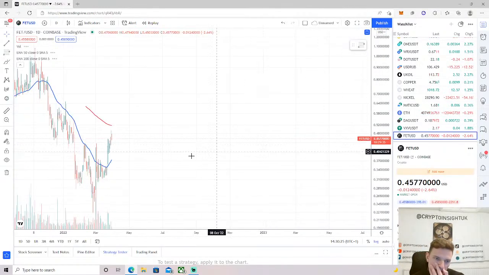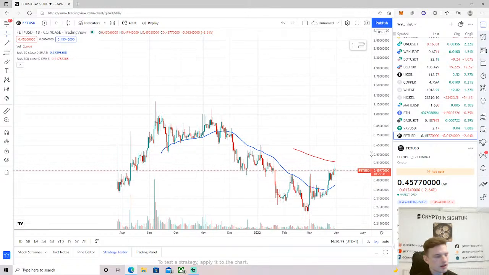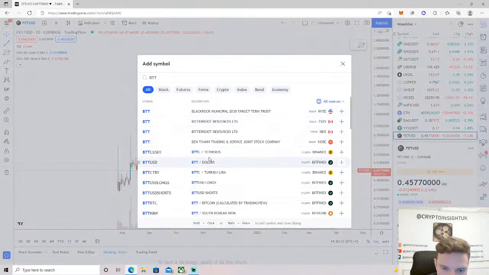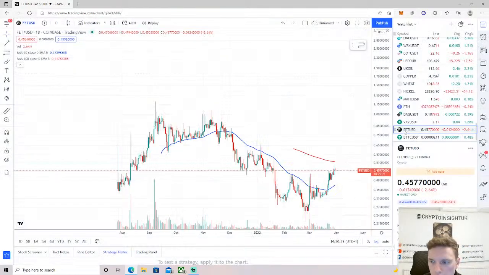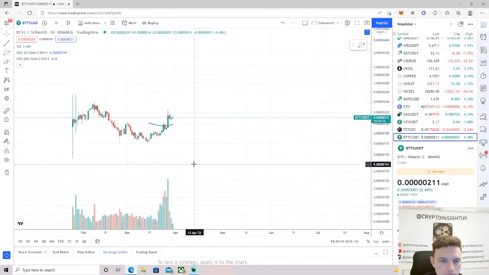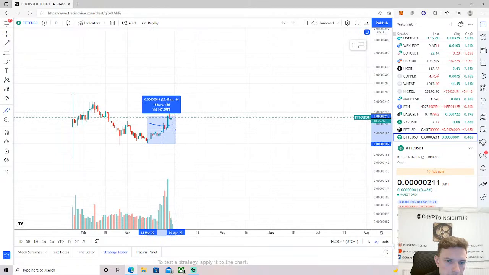There's a lot of talk about this FET, F-E-T. I see it a lot on Twitter. Don't know too much about it. Does anyone know anything about FET? What happens to BTT? That's BitTorrent token, isn't it? I don't know, bro. It was never something I ever traded. But let's have a look. It's on the daily. From the bottom, it's up like 25%.